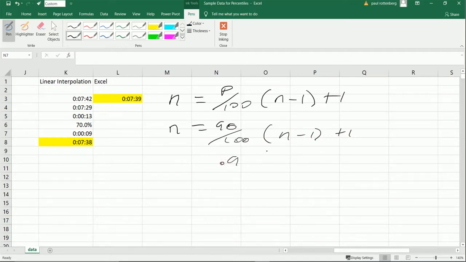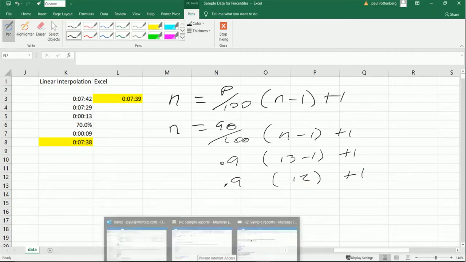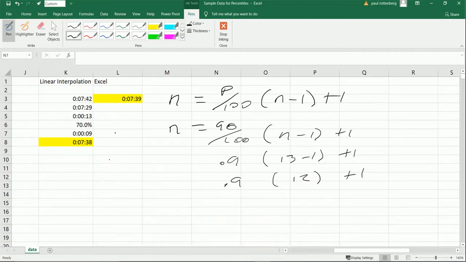0.9 times, and what's our n? Well, our n happens to be 13. So what we're really doing is saying 0.9 times 12 plus 1. And really what's happening is the 0.9 times 12 is happening in the brackets. So let's do this.